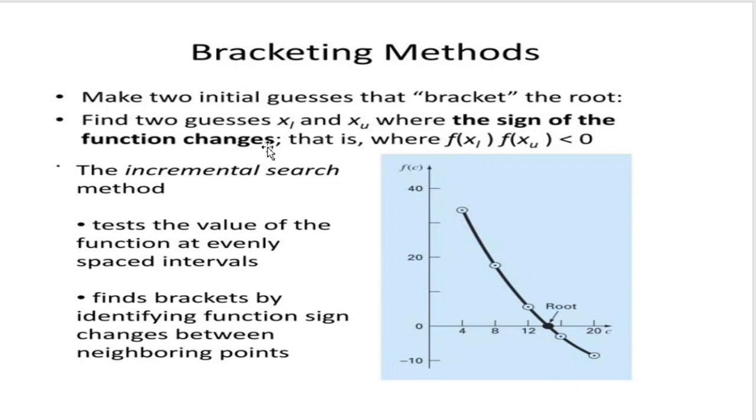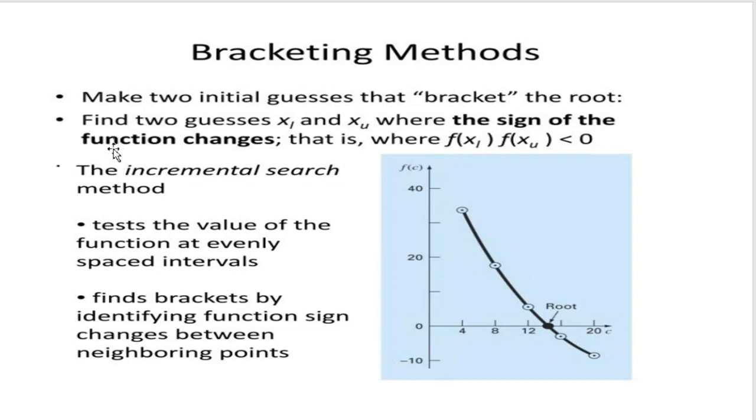And this can be checked mathematically by multiplying the function values: f(xl) times f(xu) less than 0. If the function value at xl and the function value at xu are of opposite signs, then the product will be less than 0. So this condition has to be checked when we make the two guesses for any of the bracketing methods.